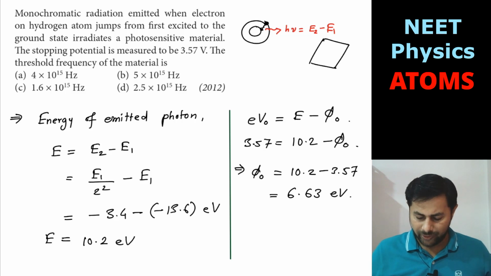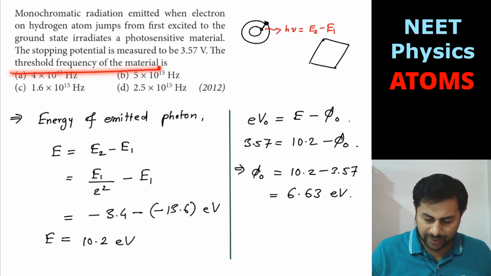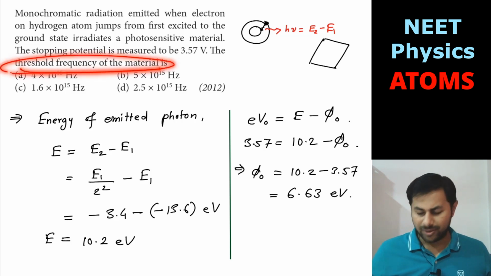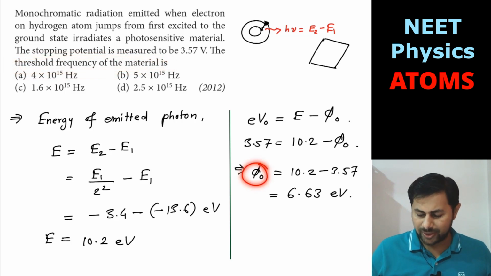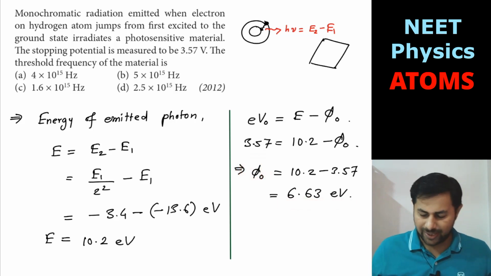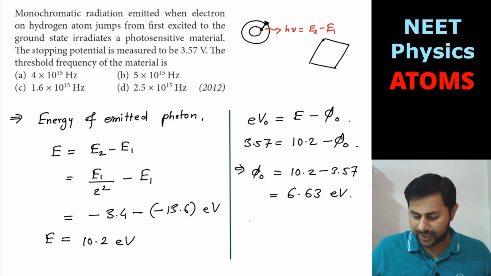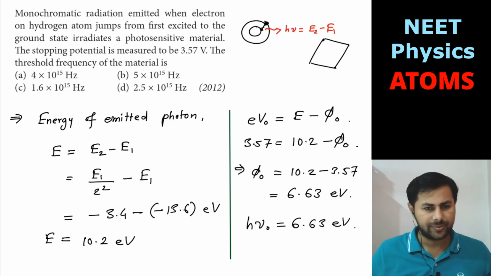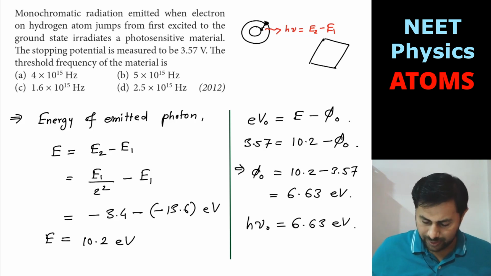So now what you want is the threshold frequency of this material. This work function is in terms of electron volts, and you want the threshold frequency. So you can write this as h times nu 0 is equal to 6.63 electron volts, right?